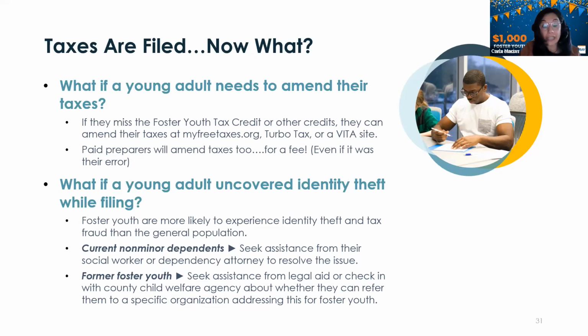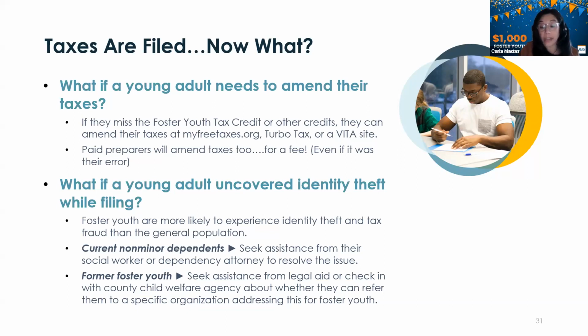And so, because this can be a tedious process, it's highly encouraged that counties work with their local dependency attorneys who represent the foster youth in court, or locate a legal aid to help develop a plan on how to support foster youth with tax fraud. And the IRS website has a lot of helpful tips and documents.